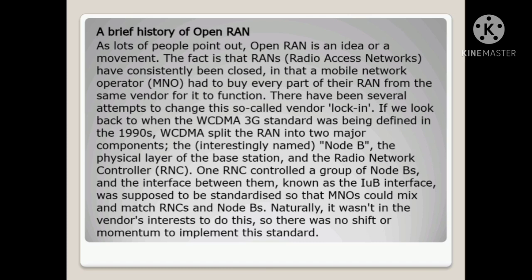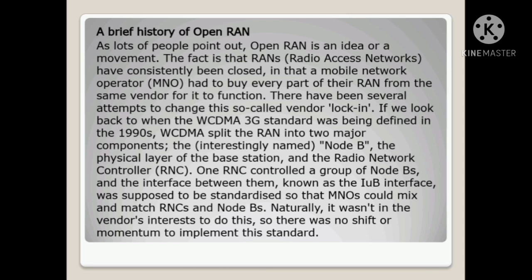If you look back to when the WCDMA 3G standard was being defined in the 1990s, WCDMA split the RAN into two major components. The interestingly named Node B, the physical layer of the base station, and the radio network controller or RNC.